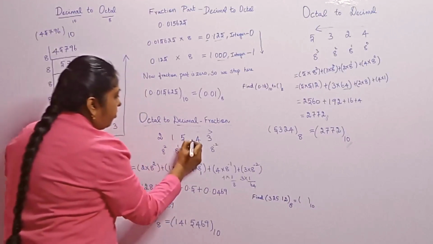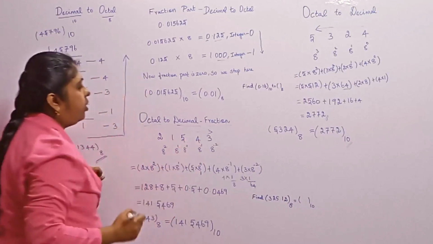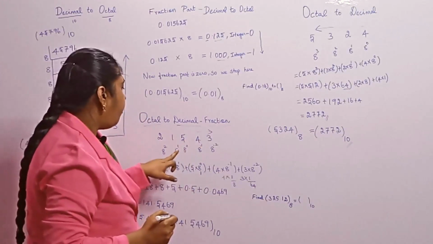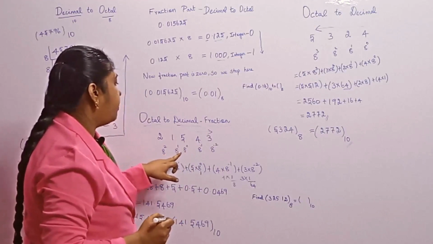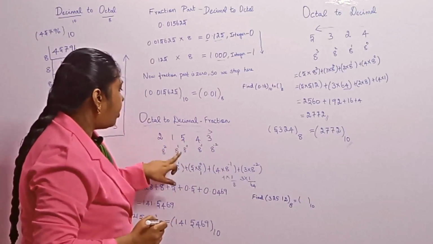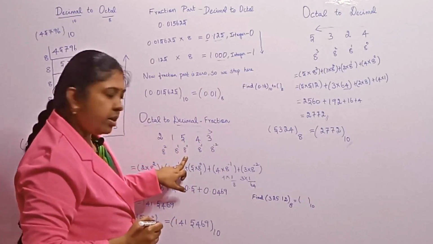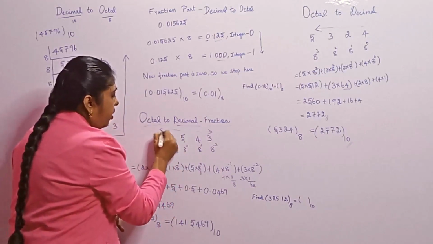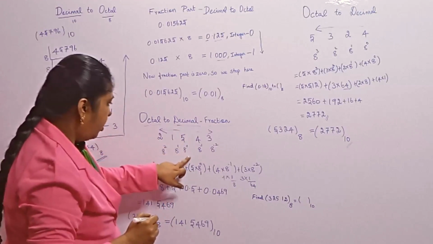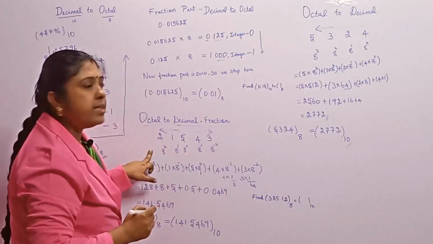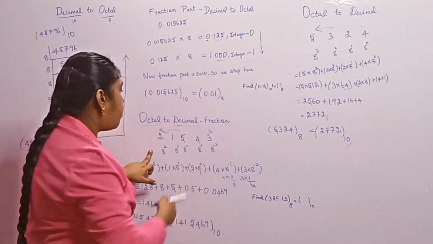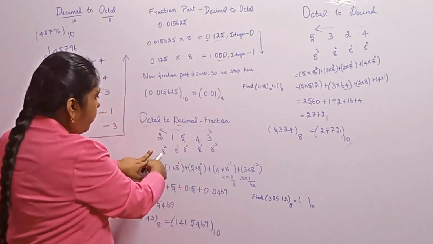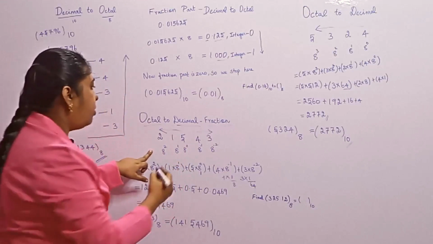Considering this, for 215 we have the weightages from right to left, as in the integer example: for 5, 8 power 0, for 1, 8 power 1, for 2, 8 power 2.